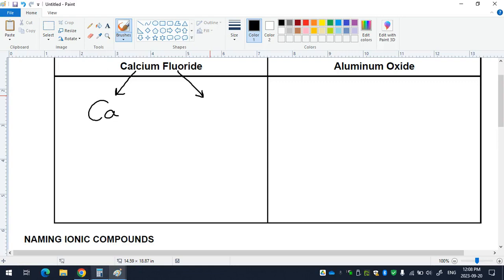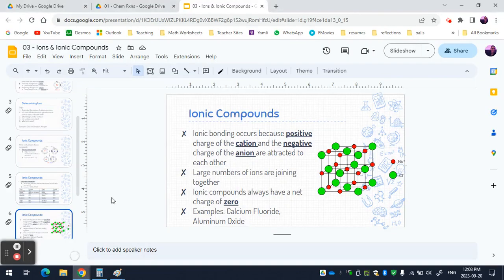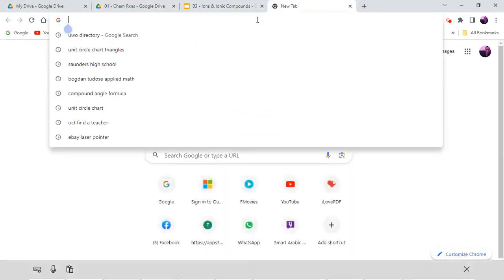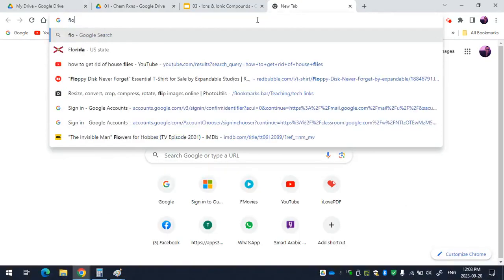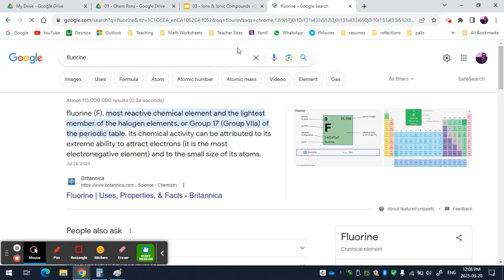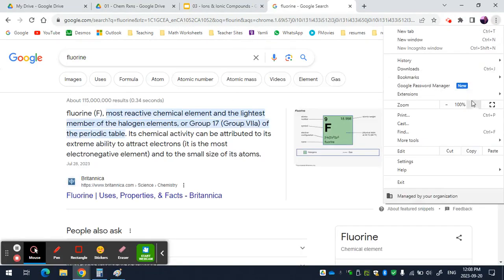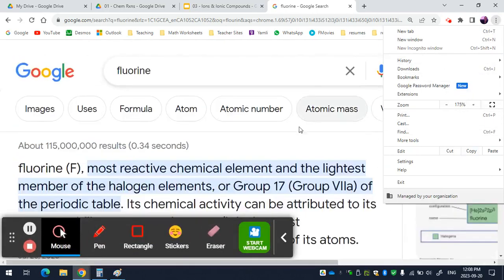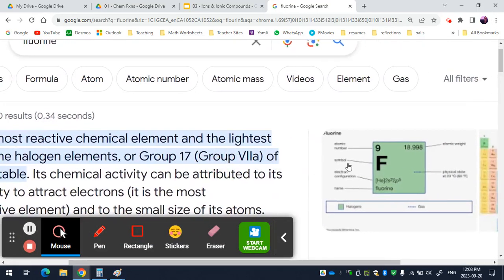So if you go to Google, for example, and you write fluorine, there we go. Yes, fluorine is this element right here. Do you remember where fluorine is important?